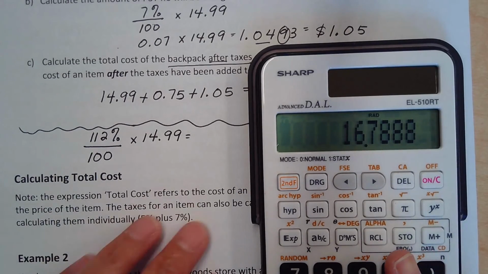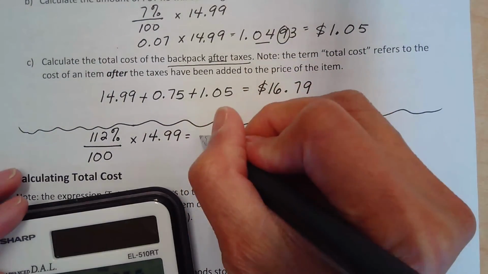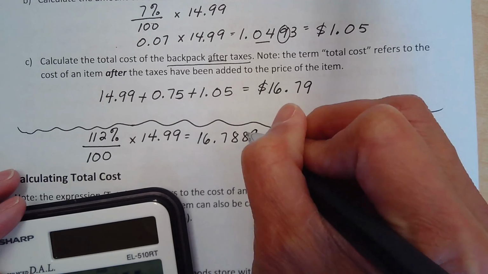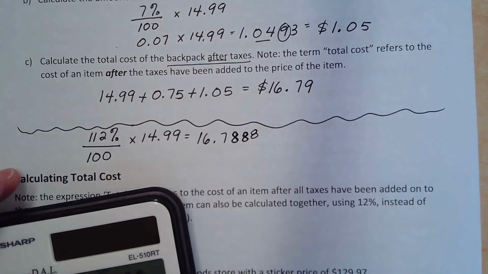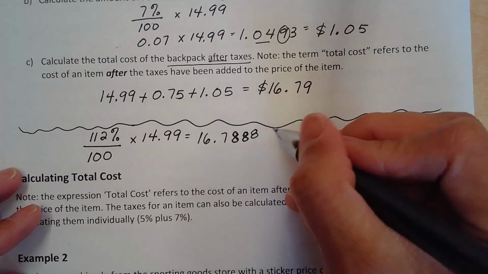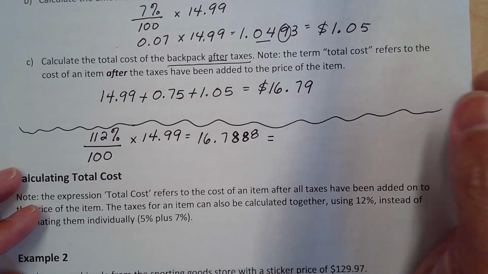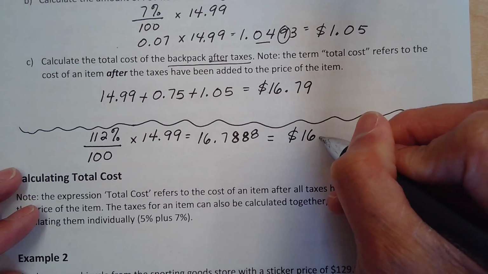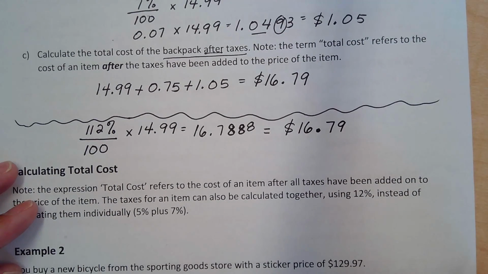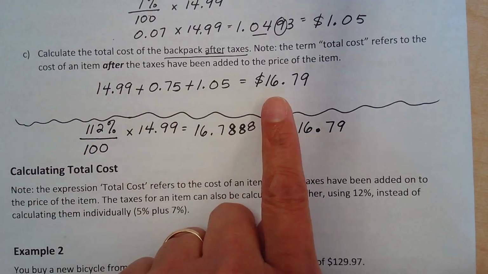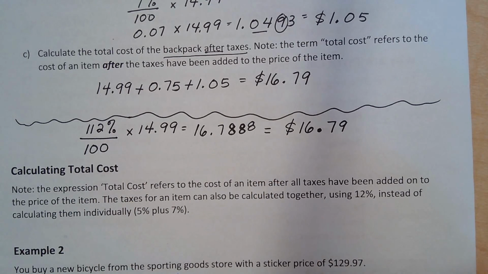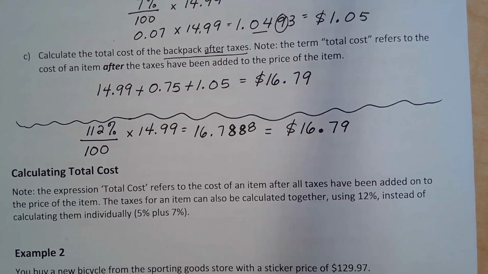Let's calculate that. We get 16.7888, which has to be rounded off to two decimal places with a dollar sign: $16.79. So this is one way of doing it, and this is the second way.